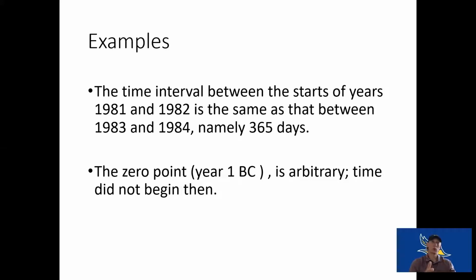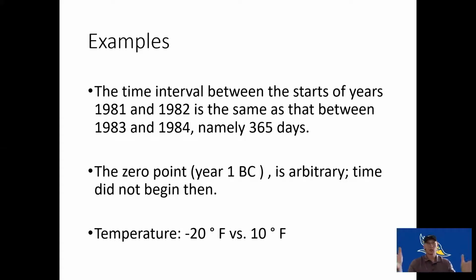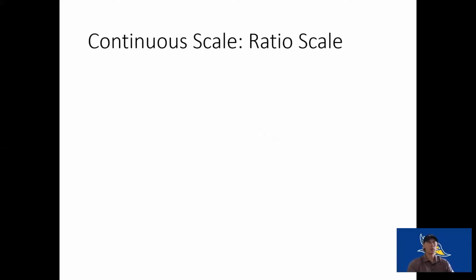Everything before is on one side, everything after is on the other side, but 0 is just a point on that line. It's not where things begin and not where things end. So think about temperature in Fahrenheit. -20 and 10 are 30 units away from each other, and we have an arbitrary 0 point that we set. We set that as 0, and we move from there.